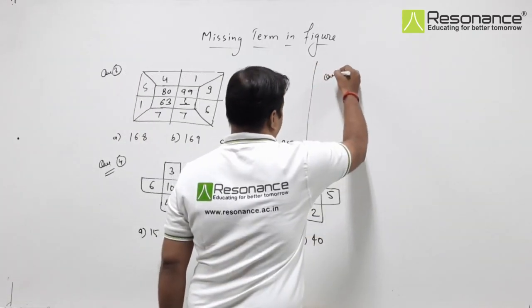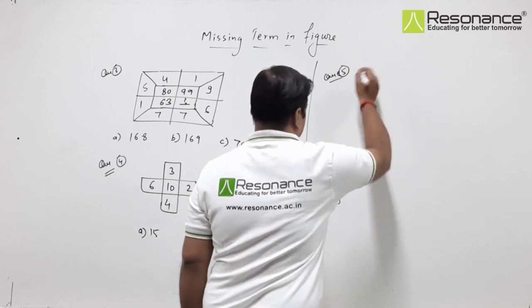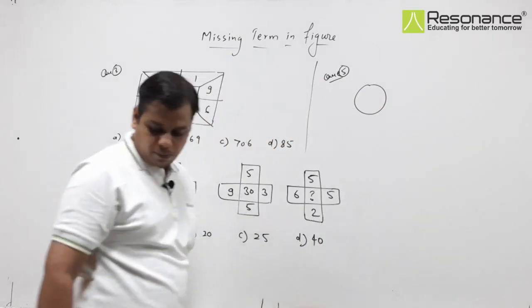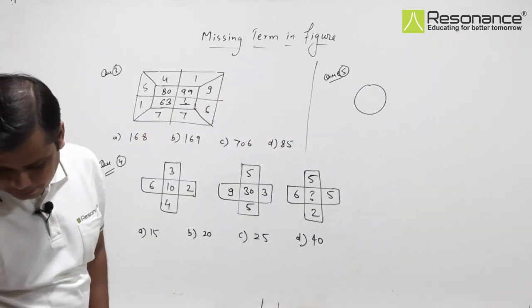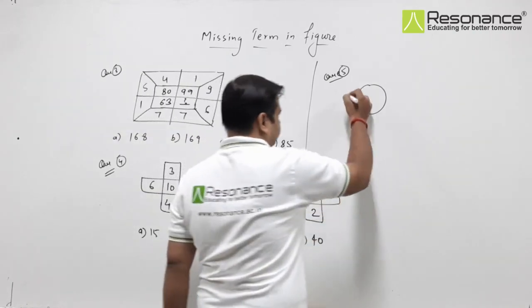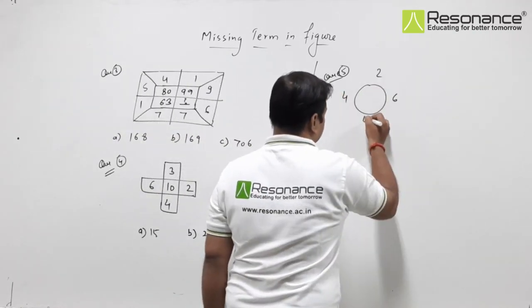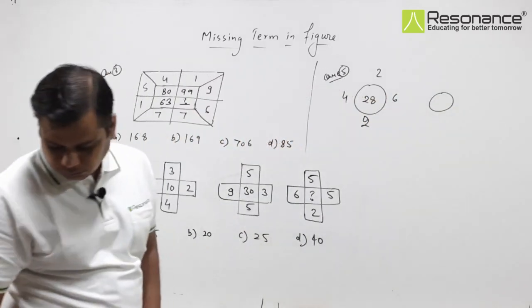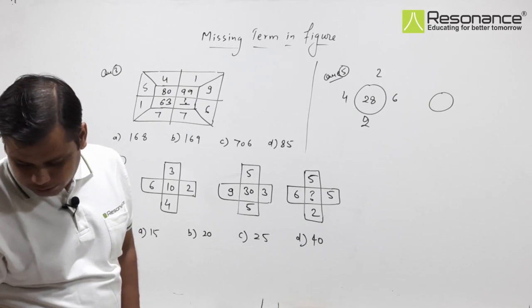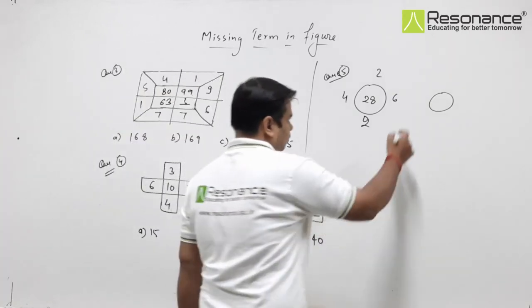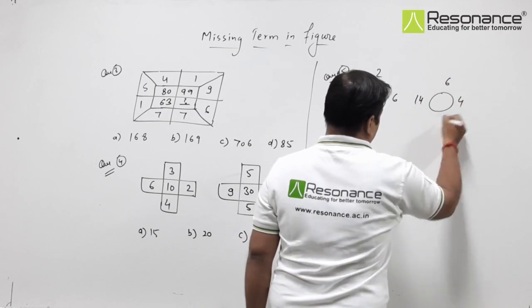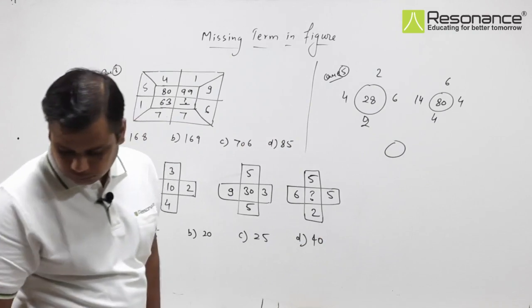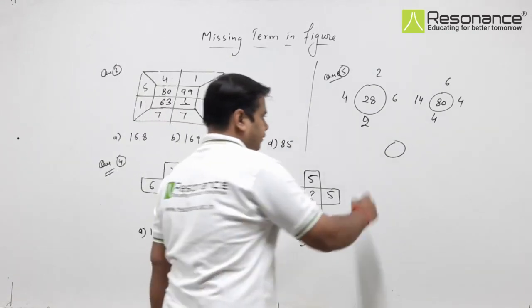One more question. Four, 2, 6, 2, 28, 14, 6, 4, 4, 80, 2, 2, 13, 7.